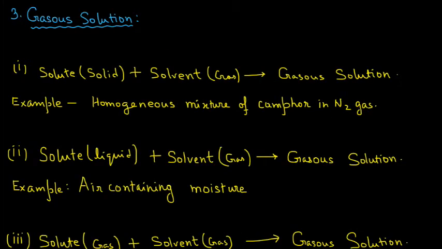Gaseous solution. Gaseous solution can also be of three types. Here the physical state of the gaseous solution is gas, therefore the solvent in all the three types will be gas. The first type of gaseous solution may contain solute in solid state, solvent is gas, which gives gaseous solution. Example, homogeneous mixture of camphor in N2 gas.